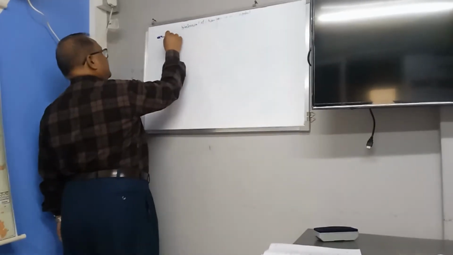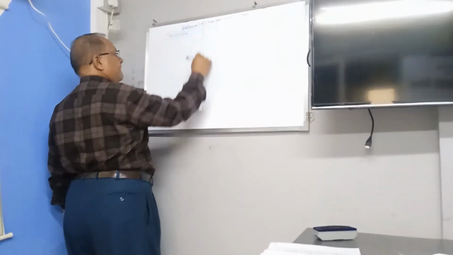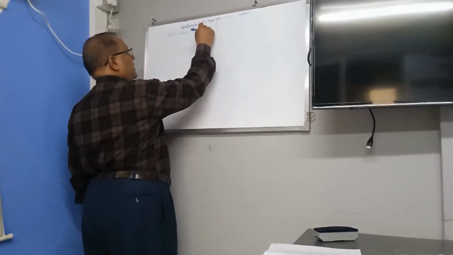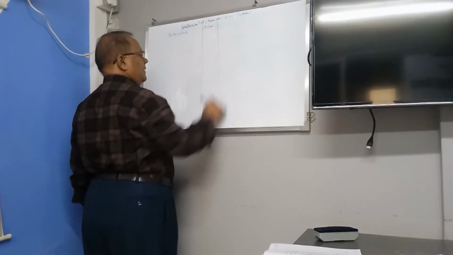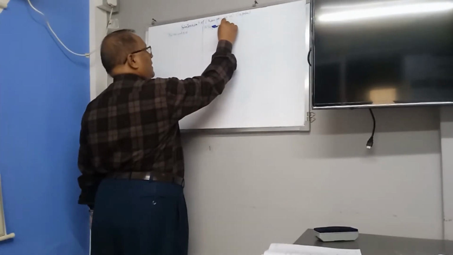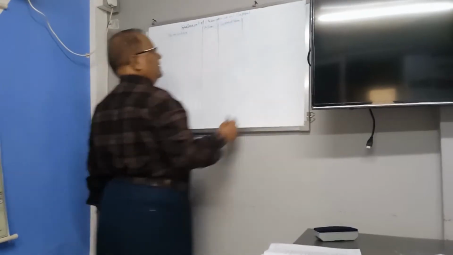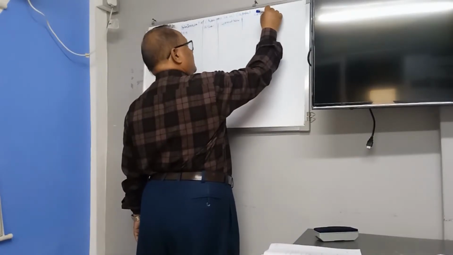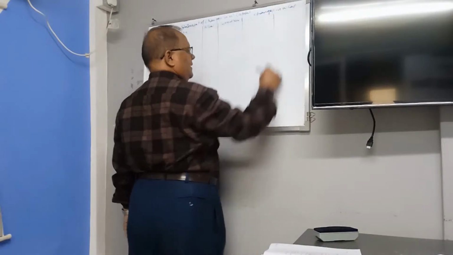First particulars, then previous year, then current year, then changes in working capital, in that increase and decrease.